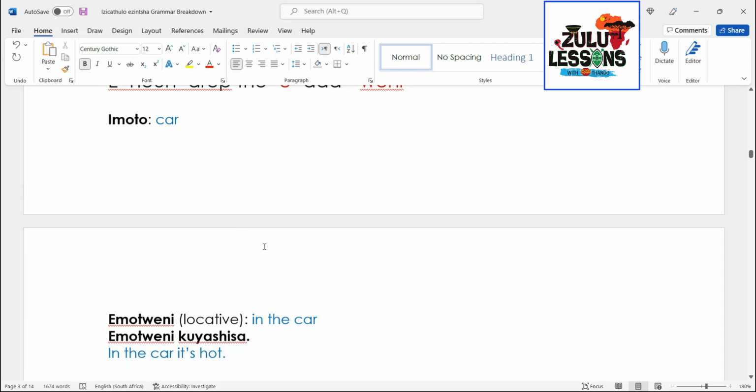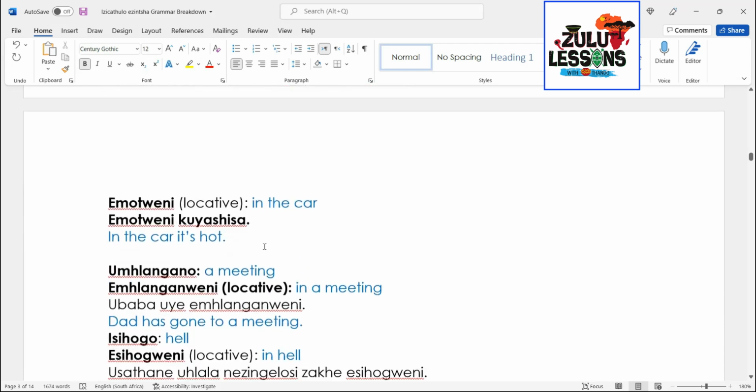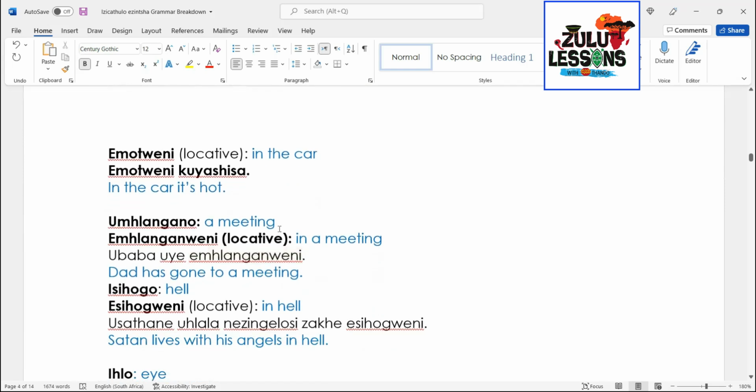Imoto. Imoto is a car. So if we want to say in the car, we would say emotweni. Do you hear that TW there? So emotweni is the locative in the car. Even if you want to say on the car, you would still say emotweni.